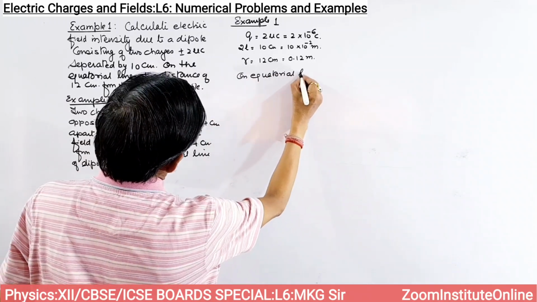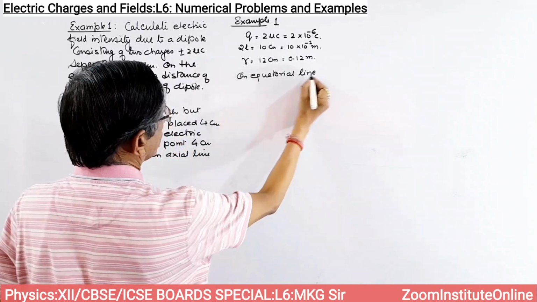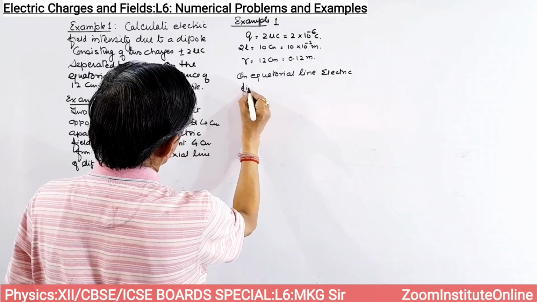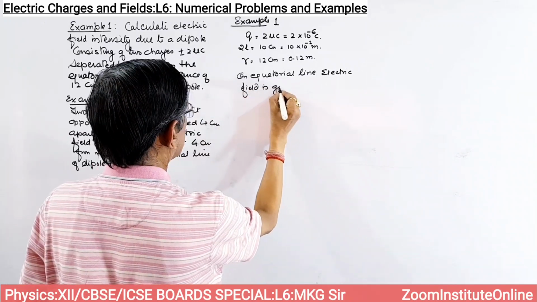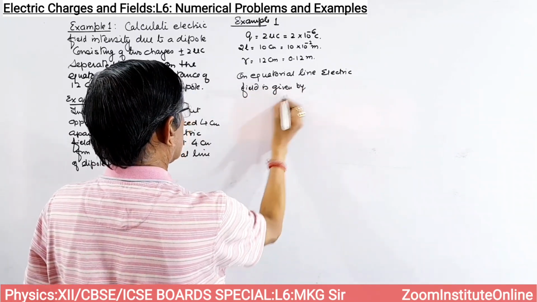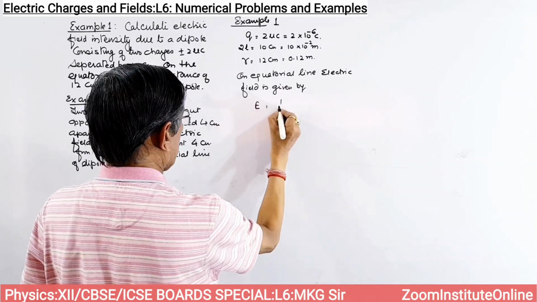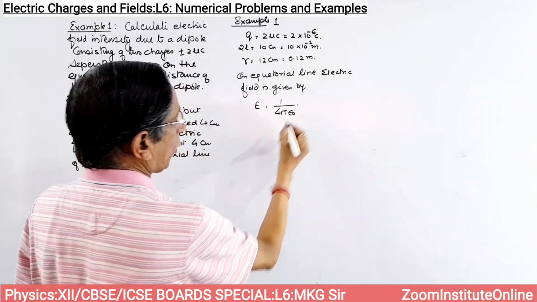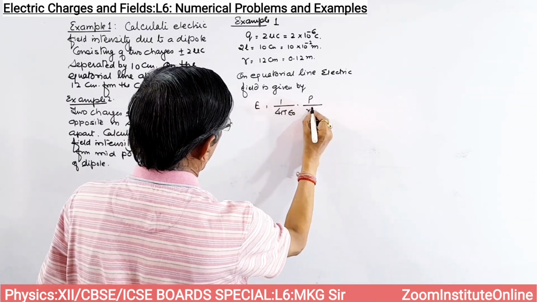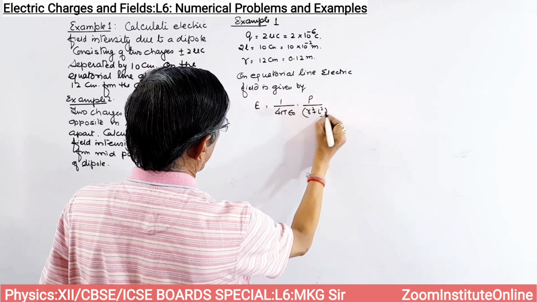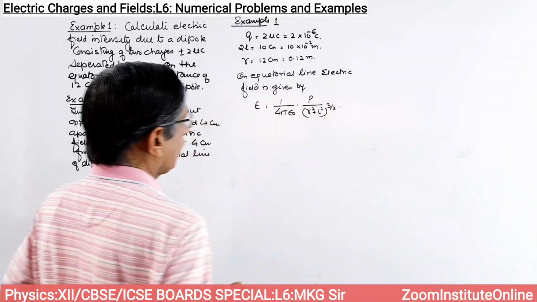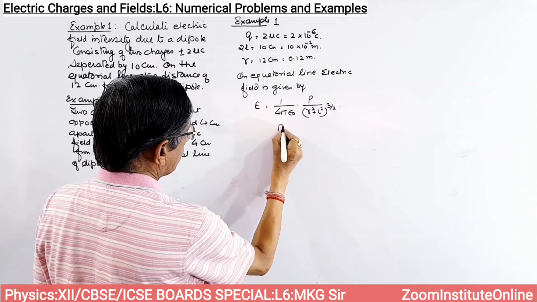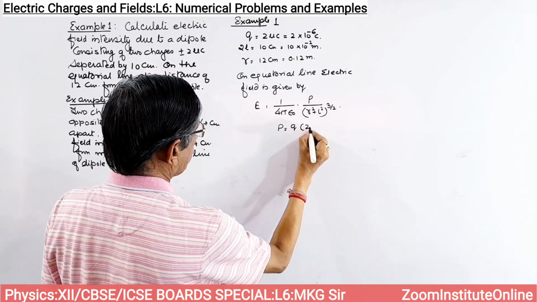So, on the equatorial line, dear students, the electric field is given by, if you remember the formula, E is equal to 1 upon 4 pi epsilon naught, P upon (R square plus L square) whole to the power 3 by 2. First of all, in this formula you require P, or we can write P is equal to Q into 2L.